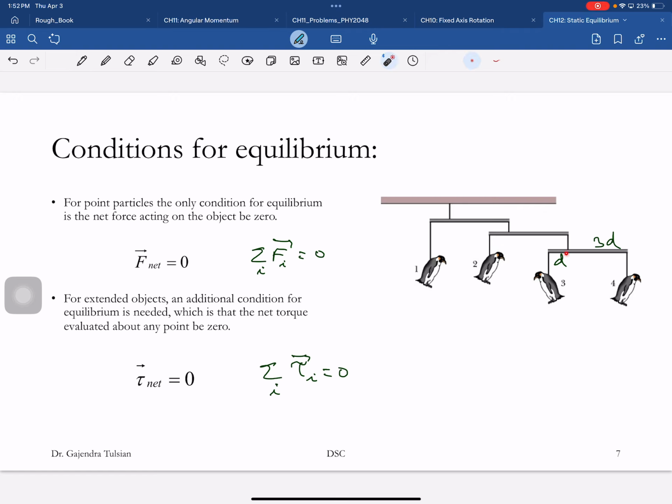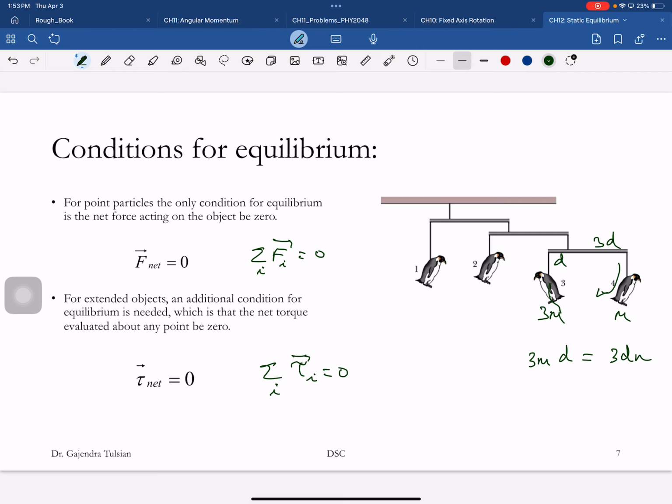For this to be balanced, the center of mass has to be right at the point of suspension. If this guy is M, this guy has to be 3M. 3M times D equals 3D times M. So the clockwise torque is equal to the counterclockwise torque.